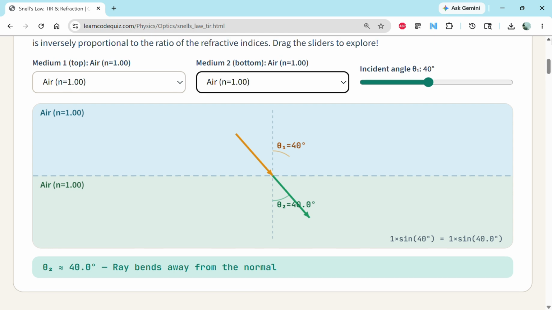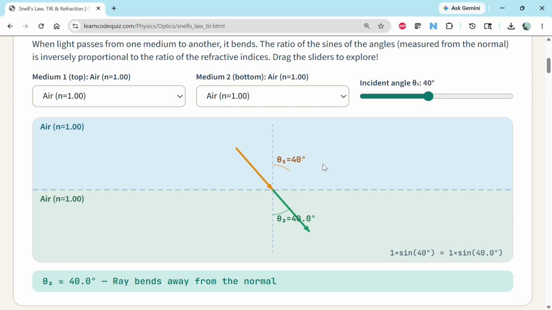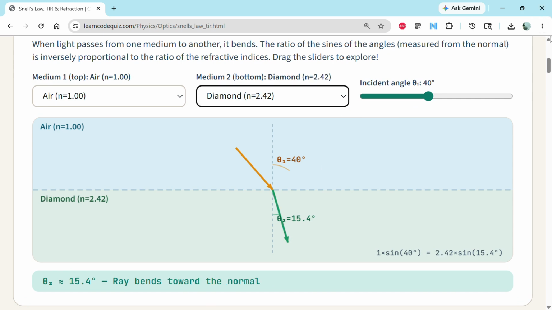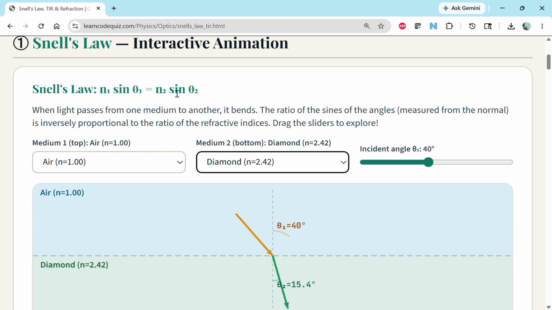Now, if you know the refractive index of the second medium, and you know the angle of incidence in the first medium, and you know the refractive index of the first medium, let's say air's refractive index is 1, and the angle of incidence is 40 degrees, and you know that n2 for diamond is 2.42, then you can find out the angle of refraction, which is theta 2 here.